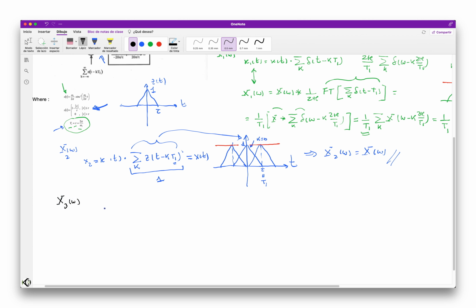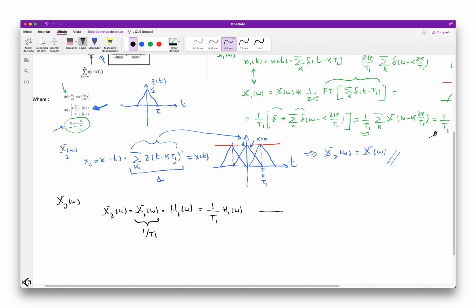So x3 of omega, as I said, is just passing the signal at the input, which is x1 of omega, through the filter. So multiply by h1 of omega. Remember what we have seen before, that x1 of omega is a constant signal of value 1 divided by T1. So this will be 1 divided by T1 times h1 of omega.